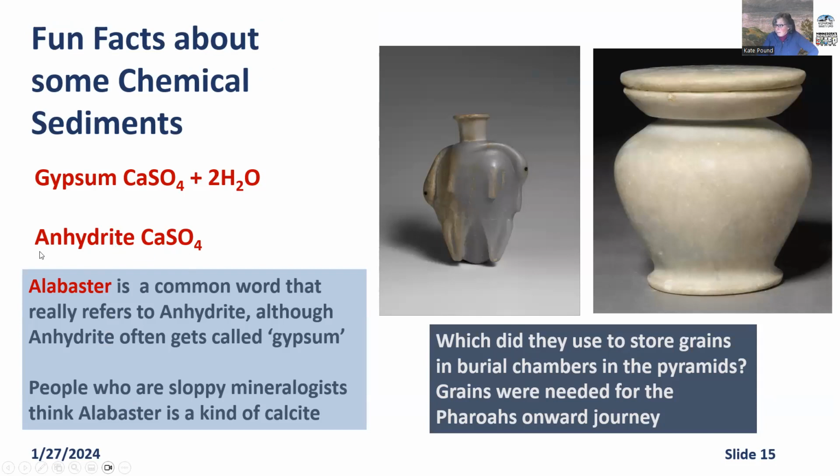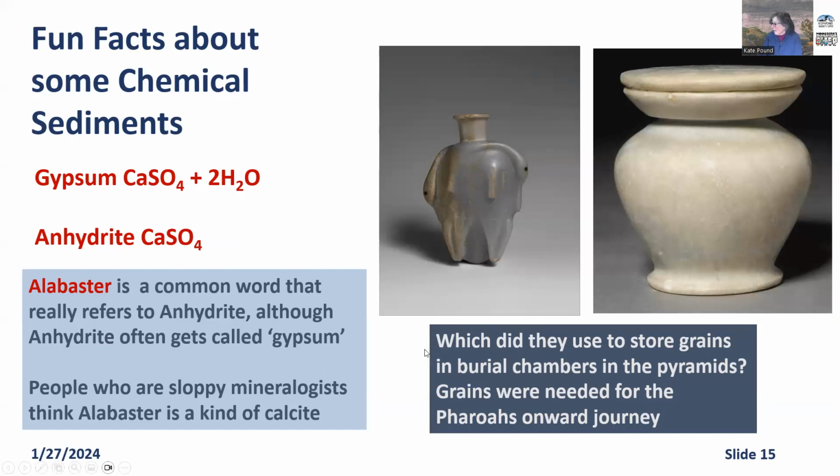There is another mineral that is called anhydrite. It is calcium sulfate, but it doesn't have any of this water. Now, we're going to think about these two vessels. One is gypsum and one is anhydrite.